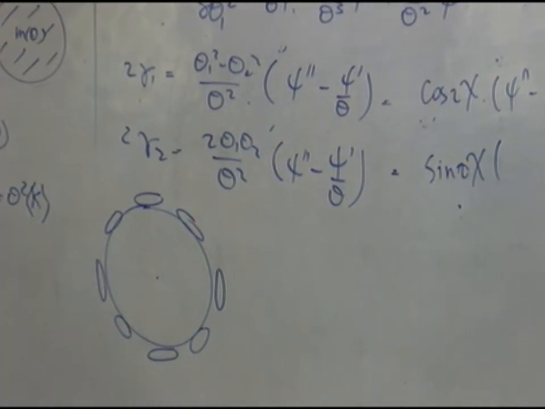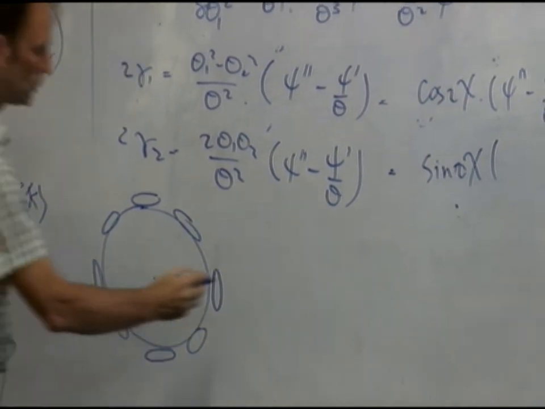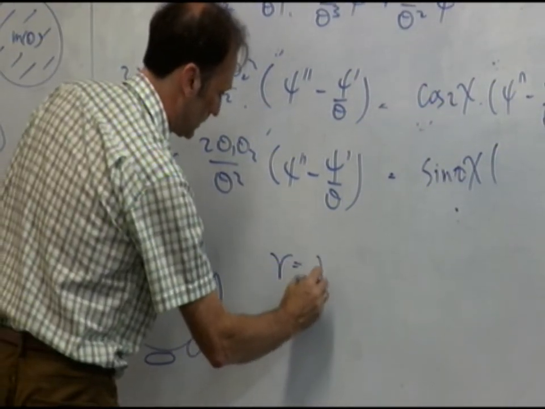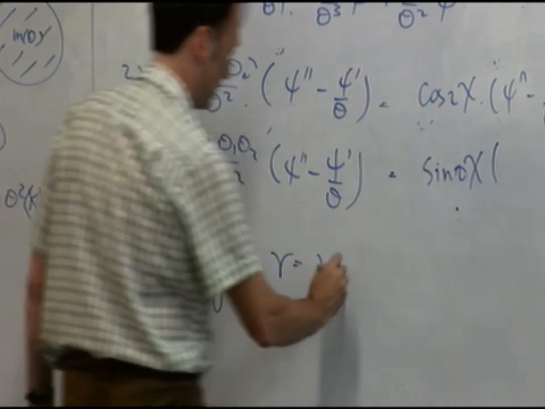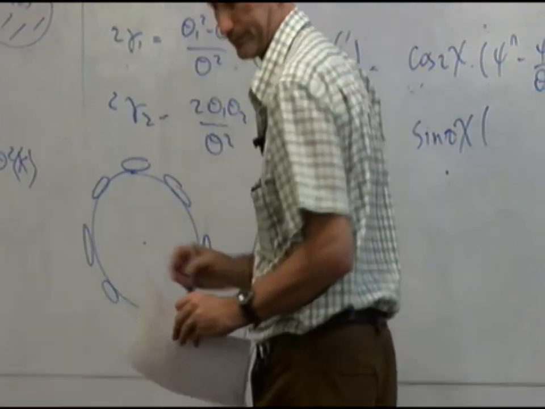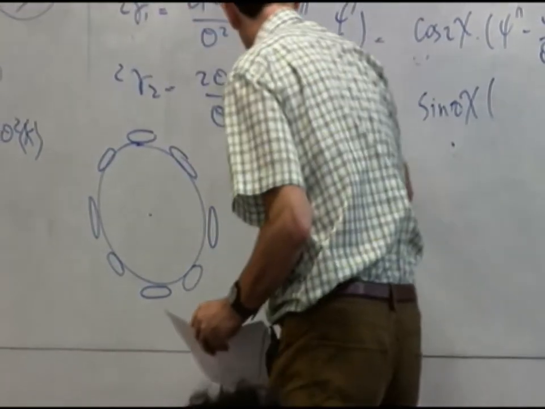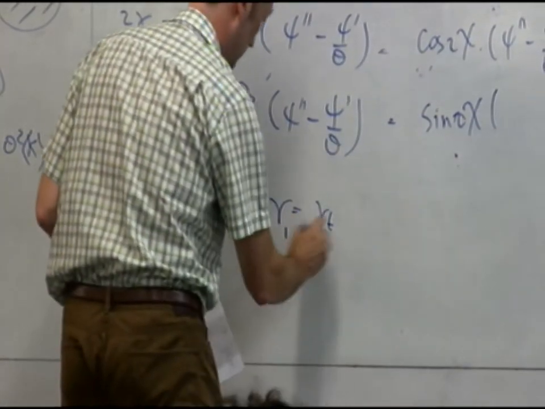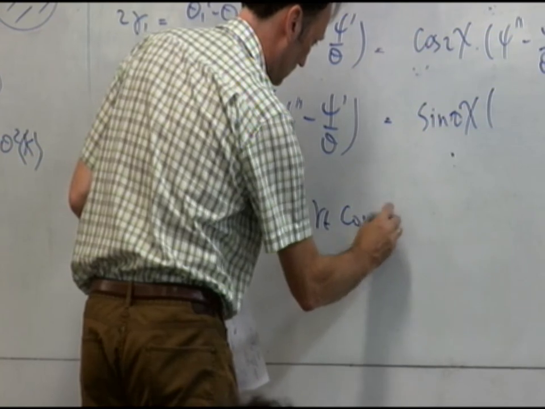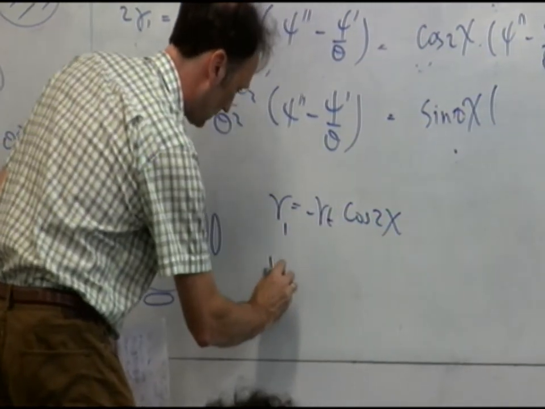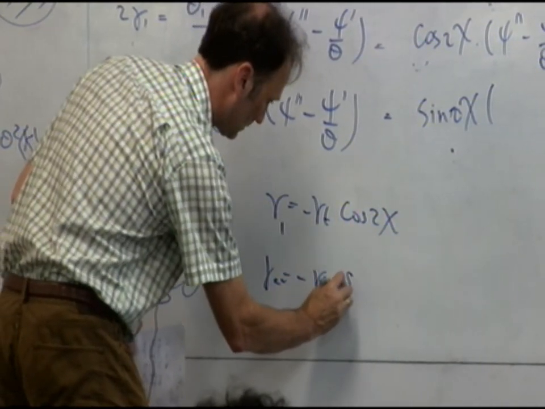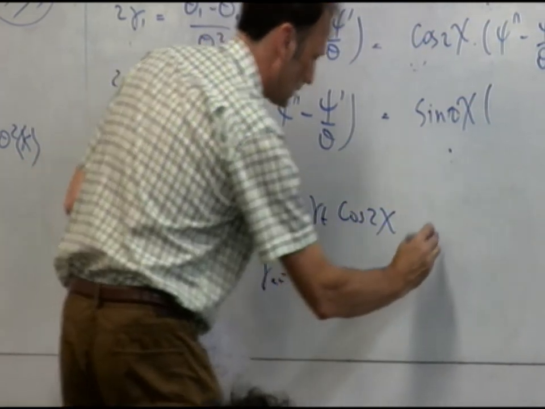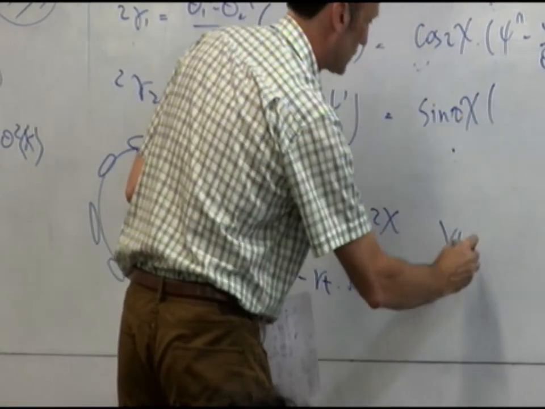And so we can write the shear as what we call the tangential shear times a geometric factor, where this tangential shear is just this.